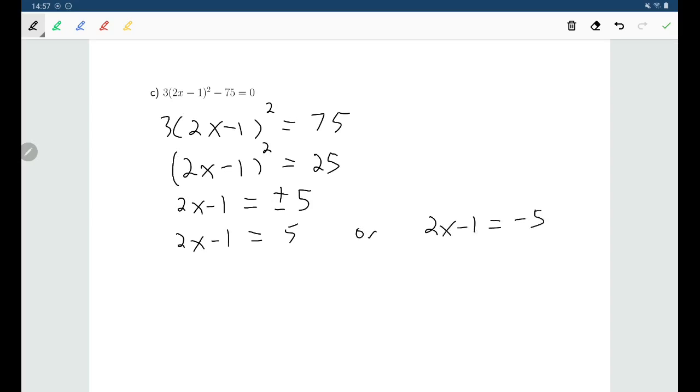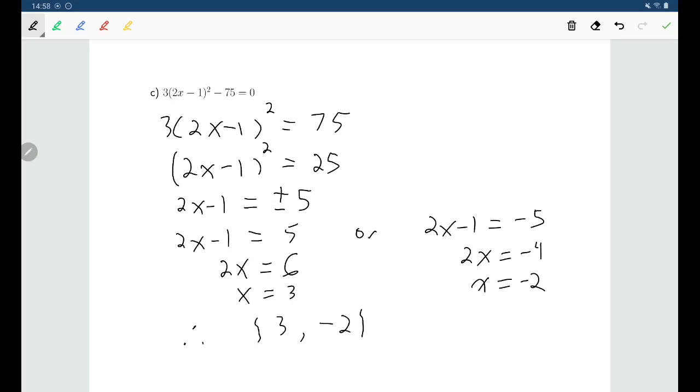And at that point, we can now solve for x, taking each equation and solving it individually. So bringing the 1 to the other side and solving for x, and I've come up with two solutions for my solution set. x could be 3 or x could be -2.